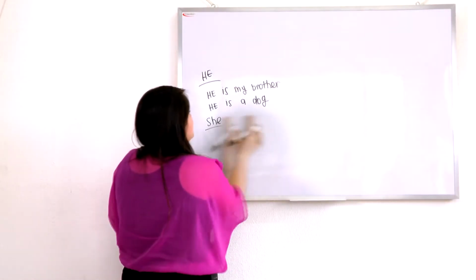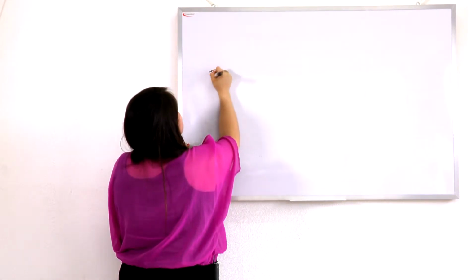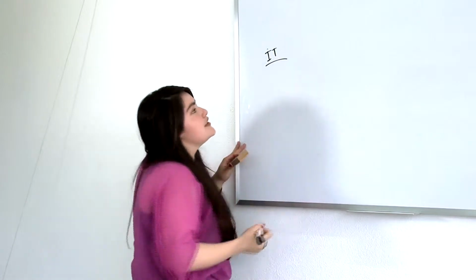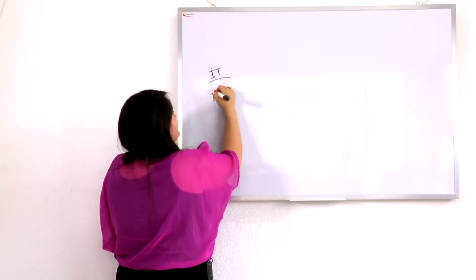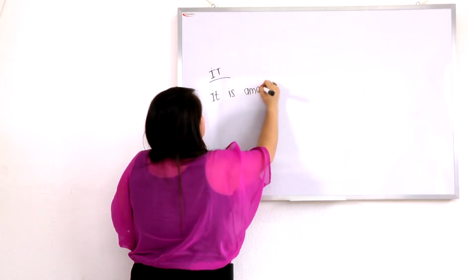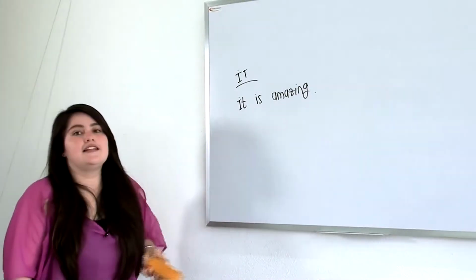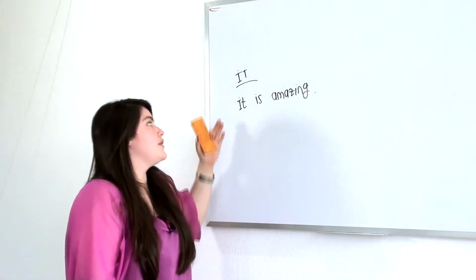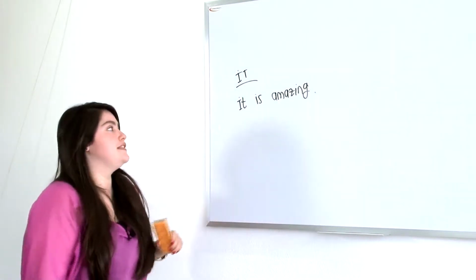Then we have the pronoun it. It could be used also as an expression, so I am going to teach you how you can use it. For example, it is amazing. You can use it here to tell like pizza, it's amazing, so it is amazing, and also you can talk about a place that it's really amazing.